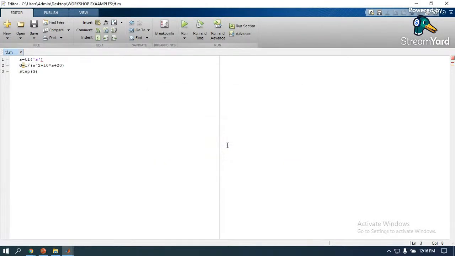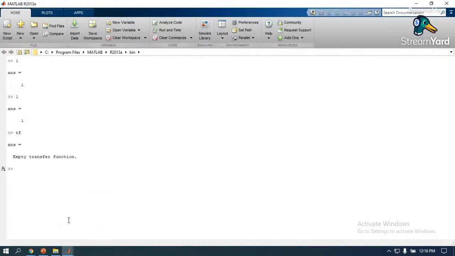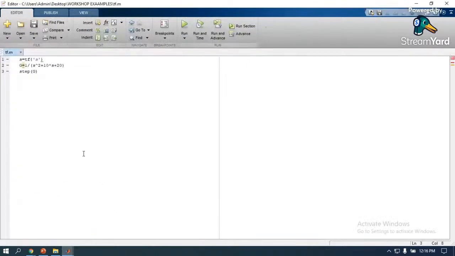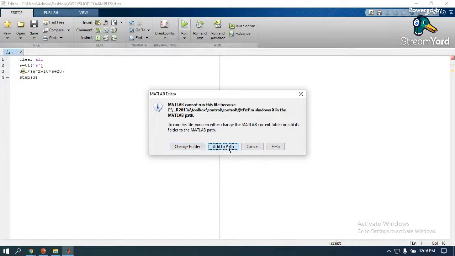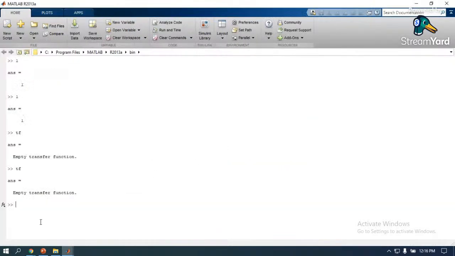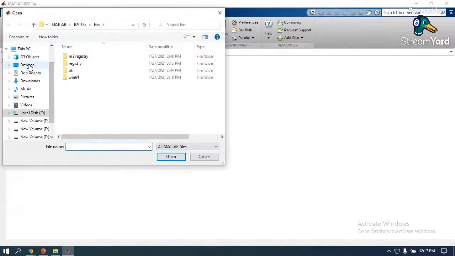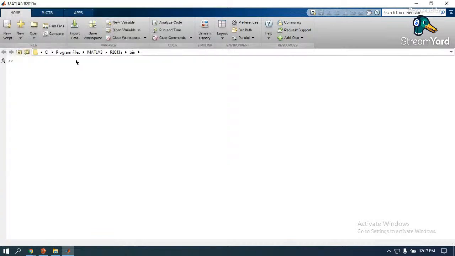You can see it will give me... tf is also variable. tf कमांड वापरलाय ना मी, त्यामुळे त्या फाईललाच नाव tf देता येणार नाही.